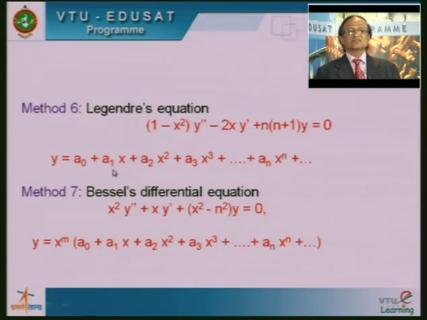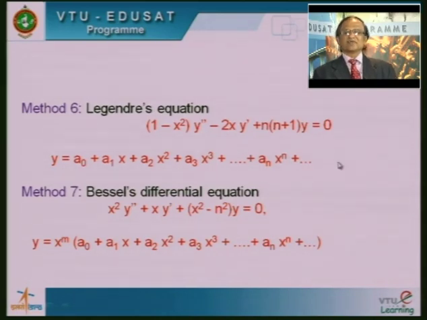to a naught plus a1 x plus a2 x square plus a3 into x to the power 3. The next term may be a suffix 4 x raised to 4, then a suffix 5 x raised to 5 and so on. In general, a suffix n x raised to n plus so on.